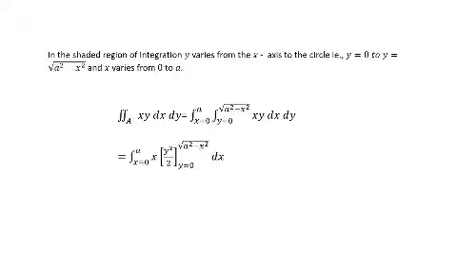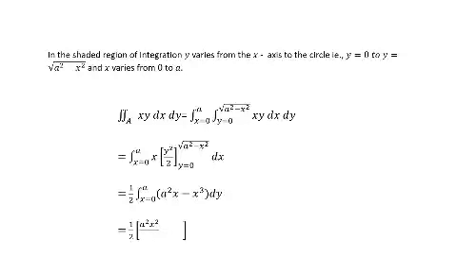That gives x into y square by 2 evaluated between the limits 0 and square root of a square minus x square. So half is taken out. Then you will get x into the square root of a square minus x square, whole squared, which is x into a square minus x square. And when you multiply by x, you will get a square x minus x cube dx.